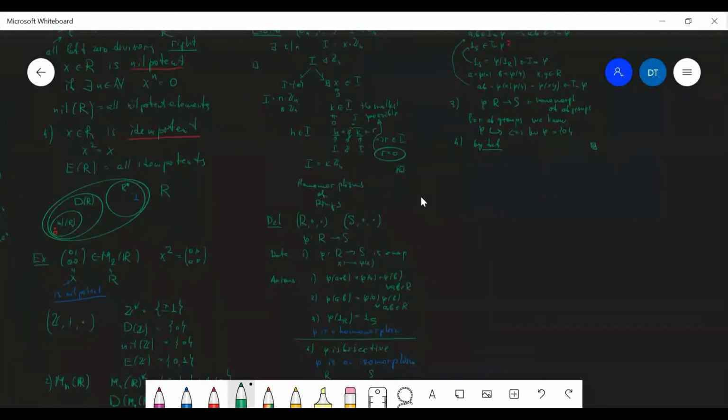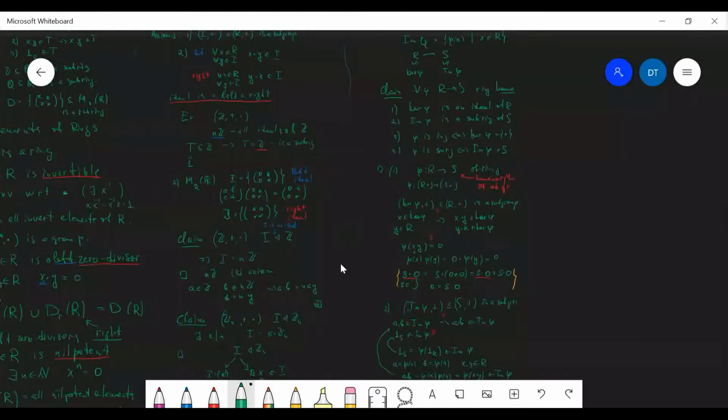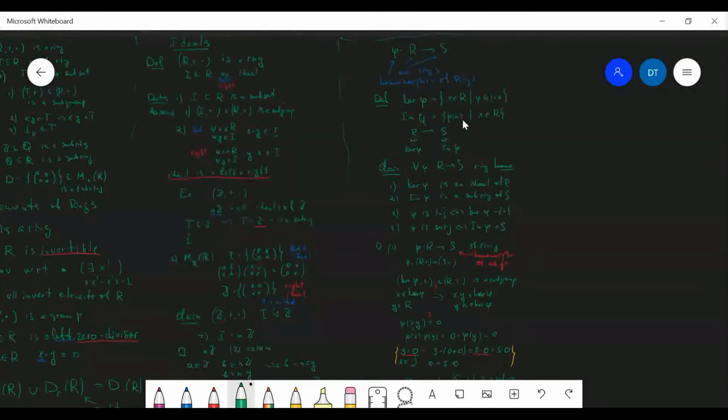Then I introduced the notion of a homomorphism and an isomorphism. An isomorphism is a way of saying that two rings are the same. And then I discussed the kernel and the image of a homomorphism and the properties of the kernel and the image: that the kernel is an ideal and the image is a subring, and that injectivity can be checked using the kernel and surjectivity using the image. So this is everything that happened during the lecture.